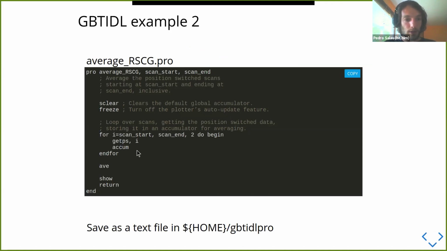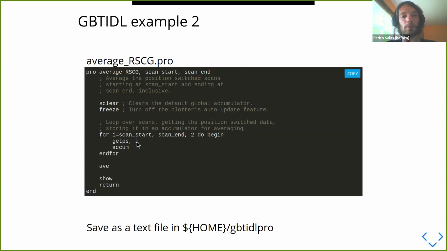I'm going to go over, for example, an IDL script that would collect all the scans of a source, or all the scans between a start and an end scan that we tell it. It will average them and then show the result. So to do this, we would do get PS on every one of the scans that contain signal.